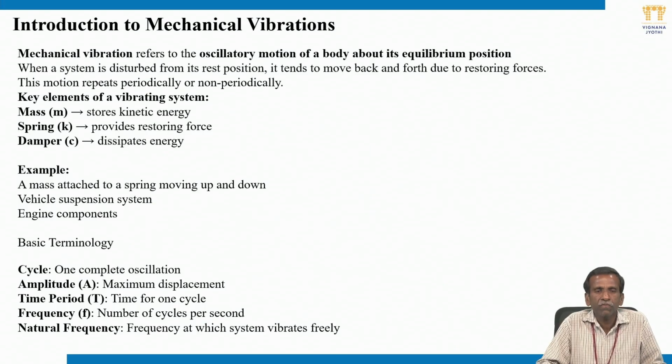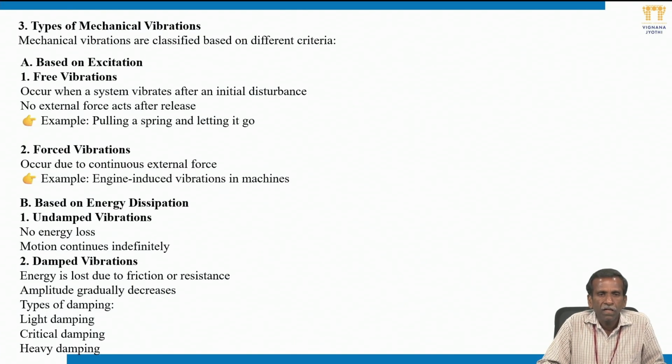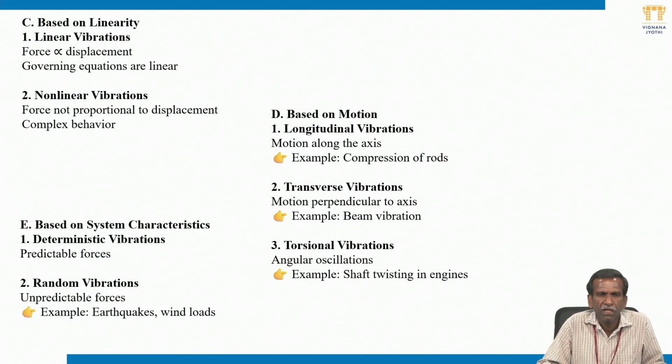As we have seen in the model, we take the object or body which is oscillating, having some mass and some elastic property, and if external or frictional resistance is there, we will consider some damping element. Some terminology also we have seen, and the types of mechanical vibrations based on excitation, energy dissipation, linearity, motion, and system characteristics.